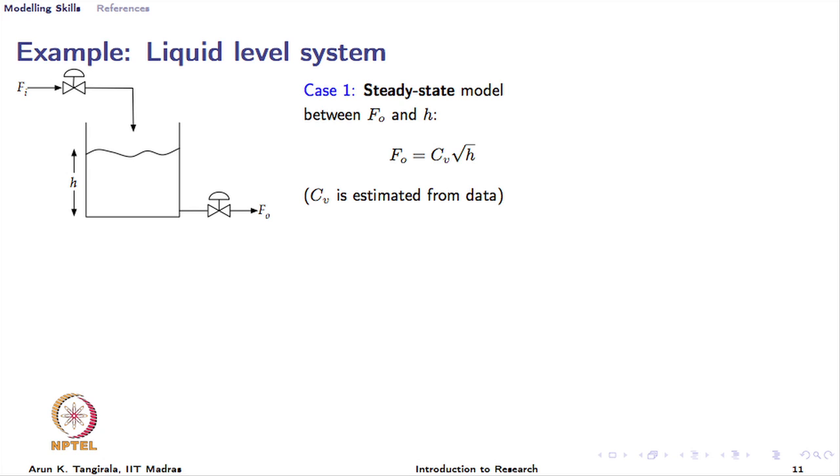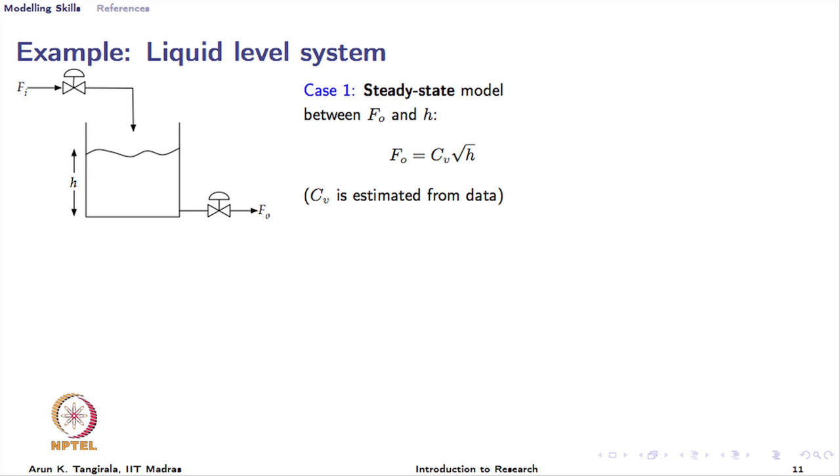So, at steady state we know from Bernoulli's principle, fluid mechanics and so on, we can derive a relation between outlet flow and the liquid level, or the head that people talk about. And we know that the outlet flow is linearly proportional to the square root of the liquid level. This is called a steady state model. This is true at steady state.